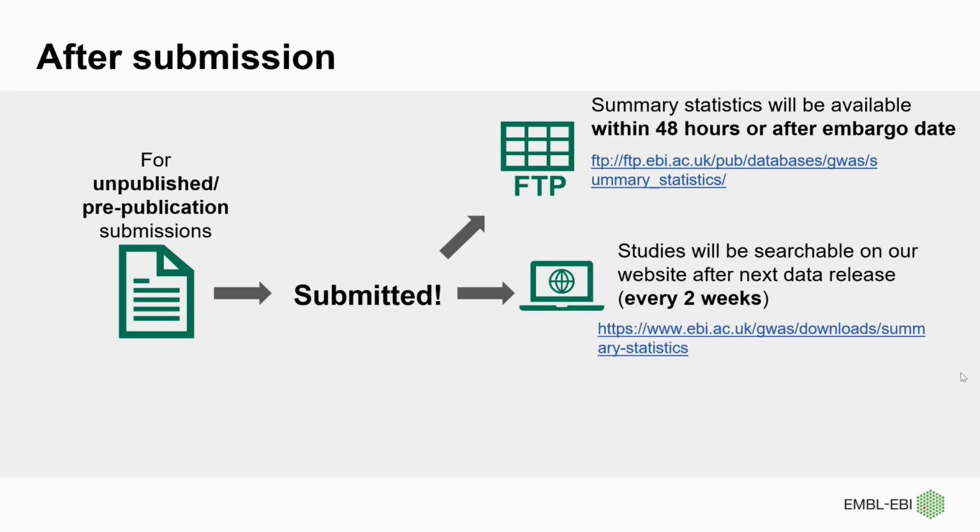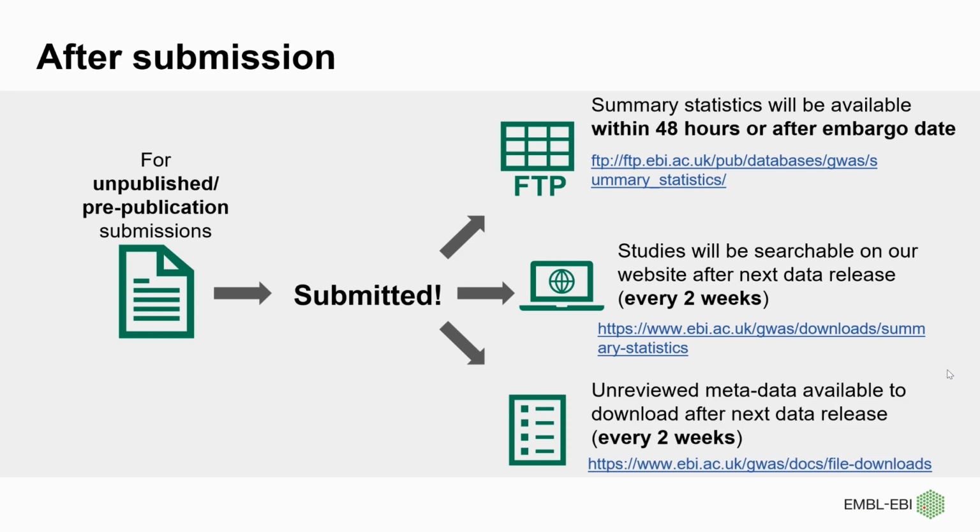The study will then be fully searchable on our website after the next data release, which occurs every 2 weeks. And we'll make available the unreviewed metadata that you submitted, and that will be available to download also after the next data release.